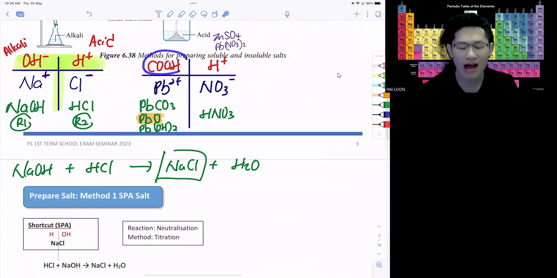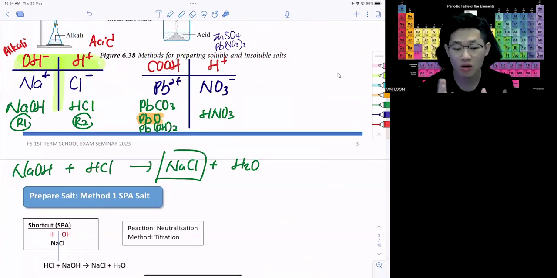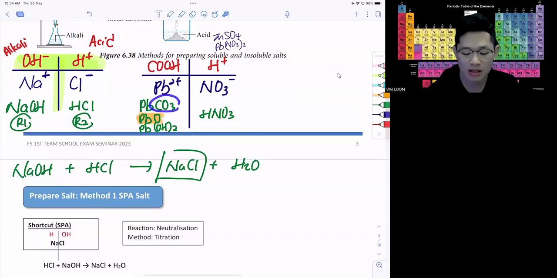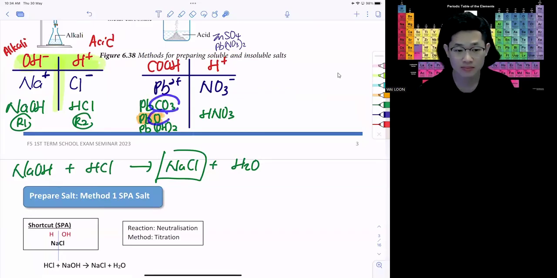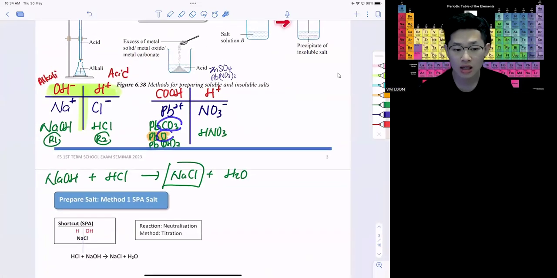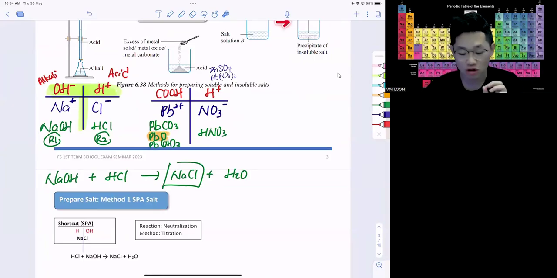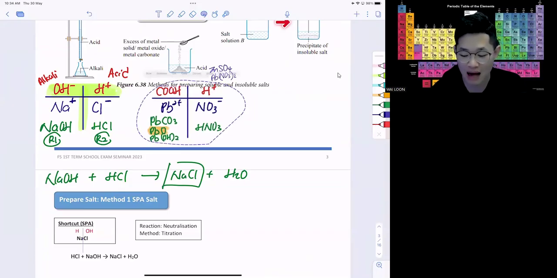So you have to know everything, COOH. They like to come out with carbonate. They like to come out with oxide. So I want you to stick with carbonate and oxide. Don't use the hydroxide for now. Okay, that's all for the soluble non-spa salt.